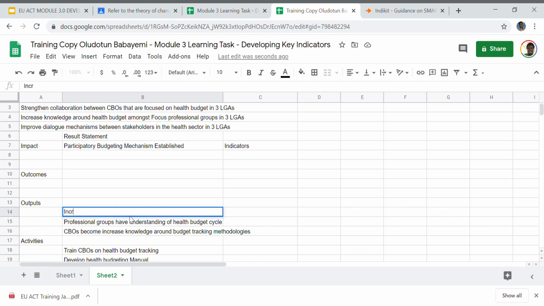Increase collaborations among stakeholders.